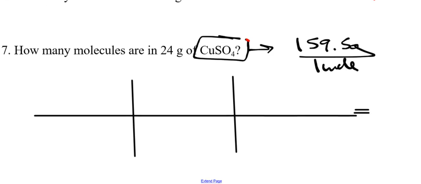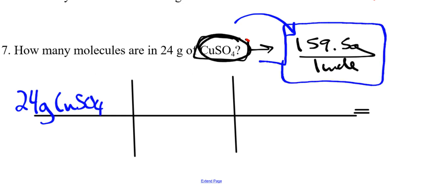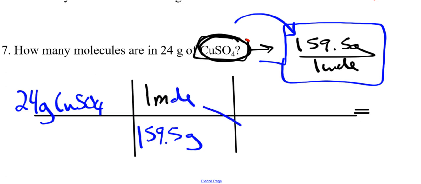Then the last one down here, I found this value for you. Remember, that's just by adding a Cu, 1 S, and 4 O's together. So I have 24 grams of CuSO4. We use this proportion now, 159.5 grams per 1 mole. Then I get Avogadro's number.